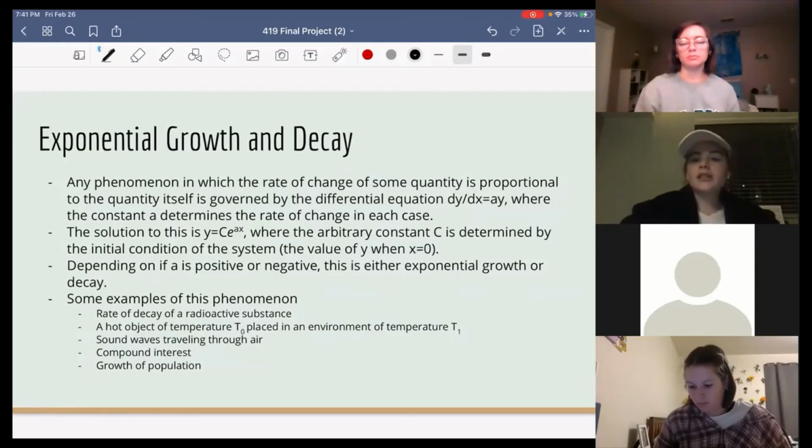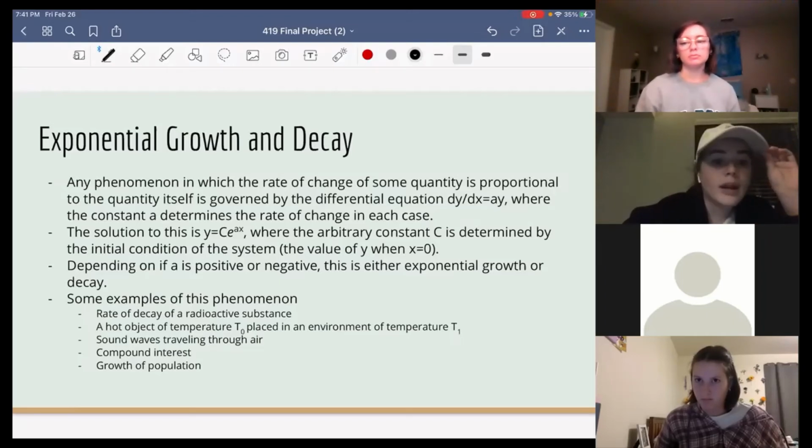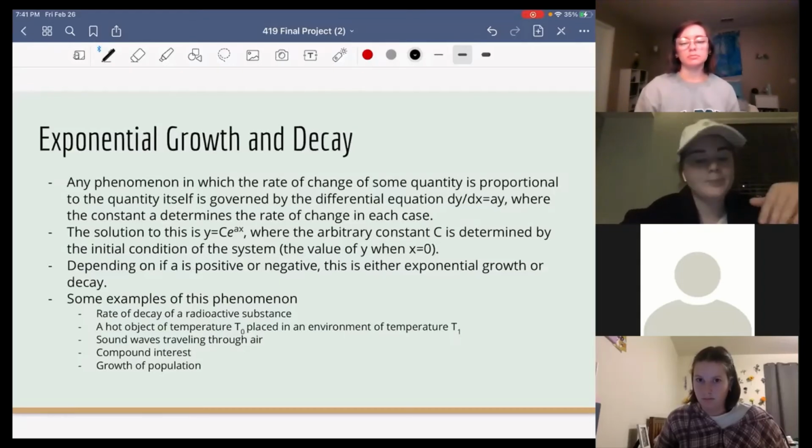So the solution to this is y equals c e raised to ax, where the arbitrary constant c is determined by the initial condition of the system. So the value of y when x equals 0, that's what determines c. And then depending on whether a is positive or negative, this will either be exponential growth or exponential decay.